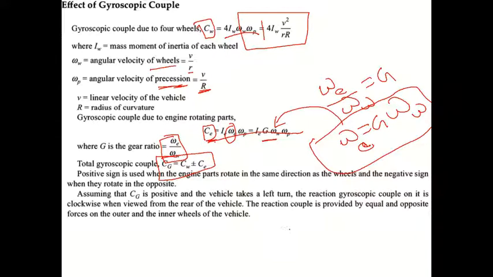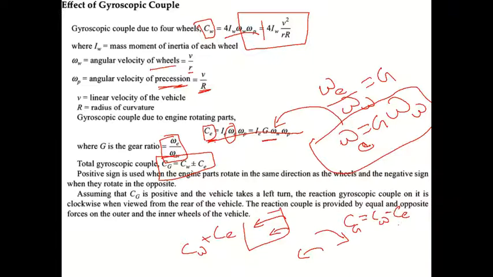If the direction of engine rotation and the direction of turning are the same, the formula is CW plus CE. If the directions are opposite to each other, the formula is CW minus CE.